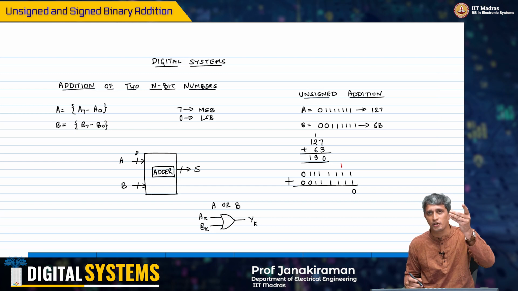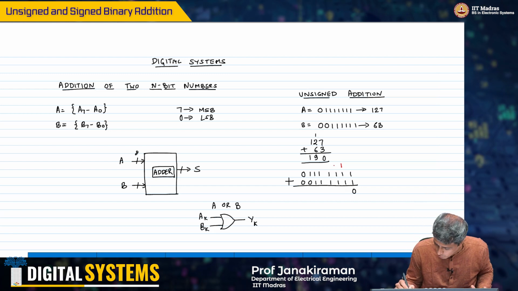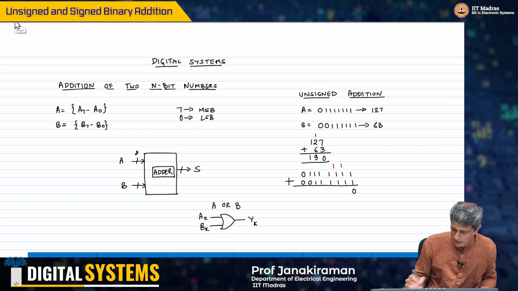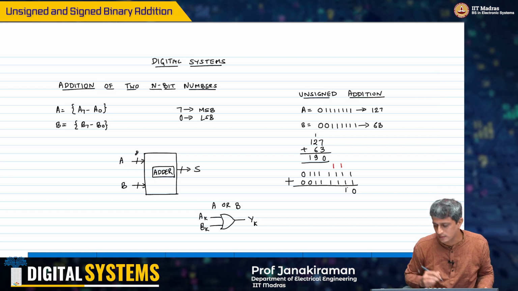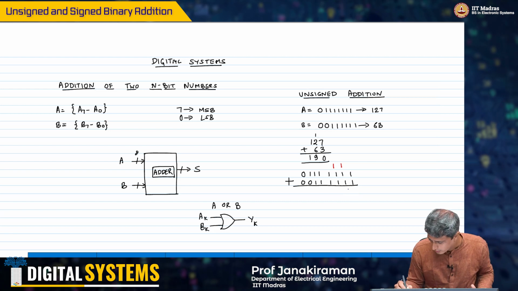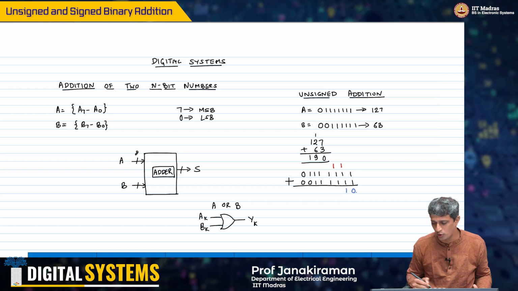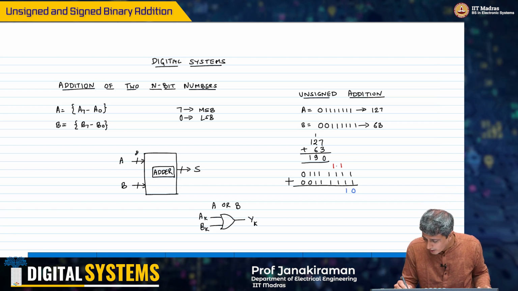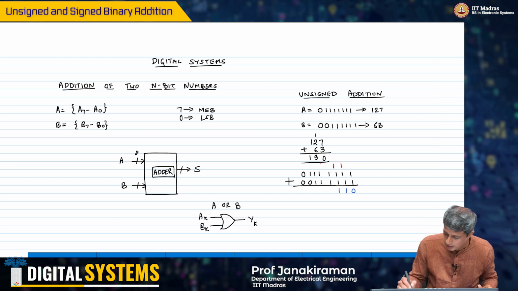So the answer is 3, and therefore you will have another carry of 1, and the sum coming down here as 1. Maybe let me put this in blue. Now again I am going to do the same thing, 1, 1, 1, so I get 1 here, and the carry will be 1 here.